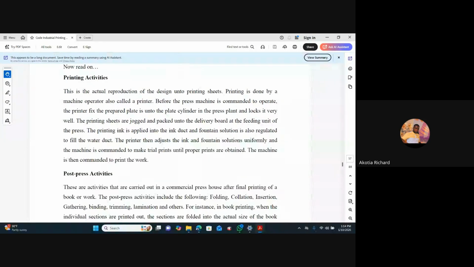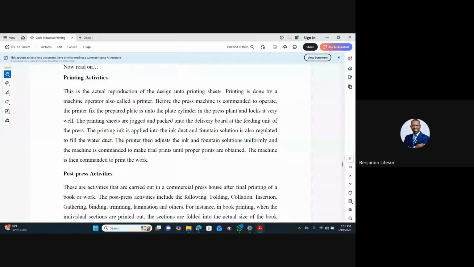The printing sheets are jogged and packed onto the delivery board at the feeding unit of the press. The printing ink is applied into the ink duct, and fountain solution is also regulated to fill the duct. The printer then adjusts the ink and fountain solution uniformly, and the machine is commanded to make trial prints until proper prints are obtained. The machine is then commanded to print the work.